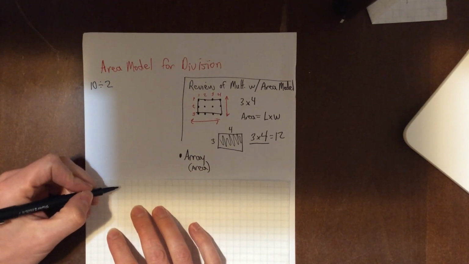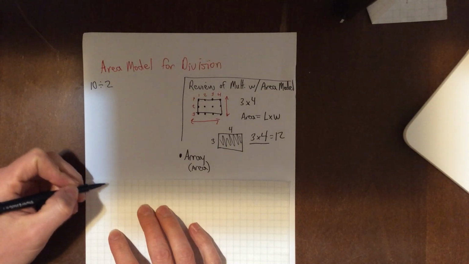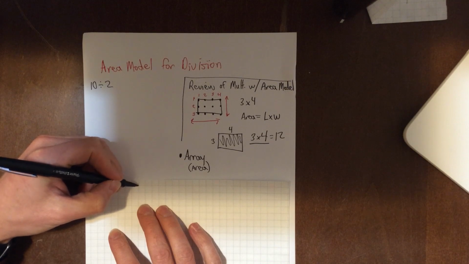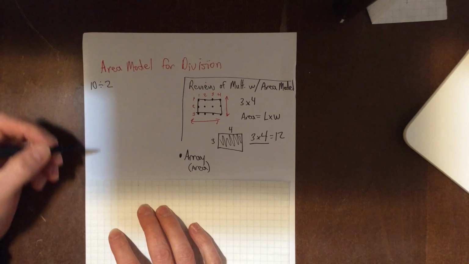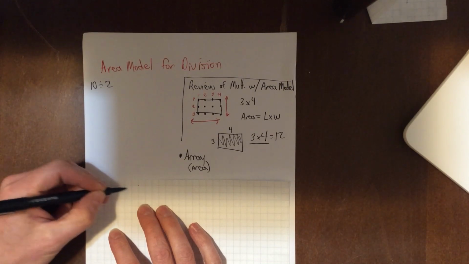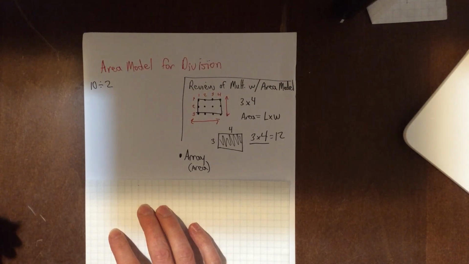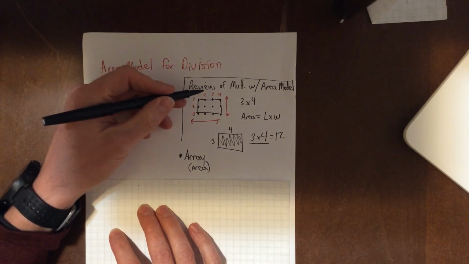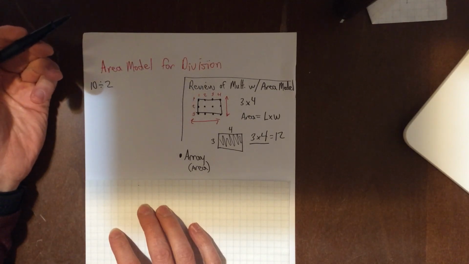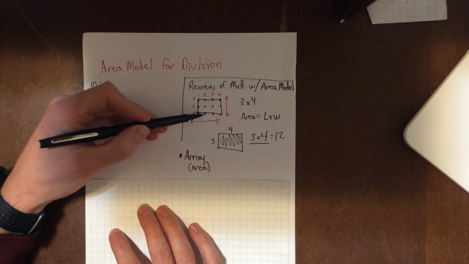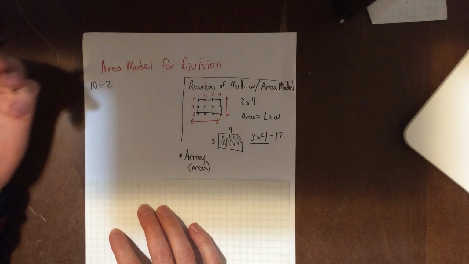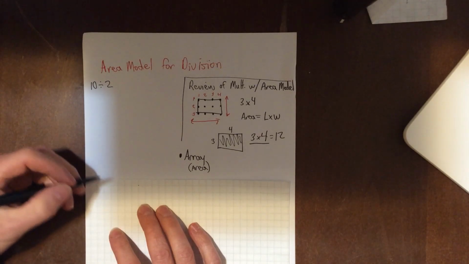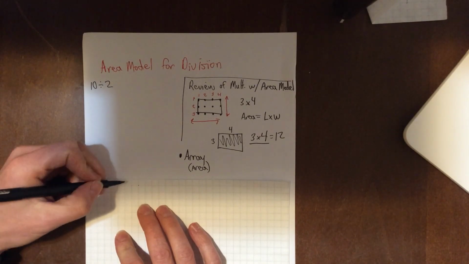Let's think of 10. So, I could draw 10 a couple of different ways here. And I could draw it as a weird shape, but that doesn't really help us out here, since we're using our area model. And we know that in the area model of multiplication, we want it to be a square or a rectangle. Okay? It doesn't make any sense to do it another way. So let's think about 10 this way.